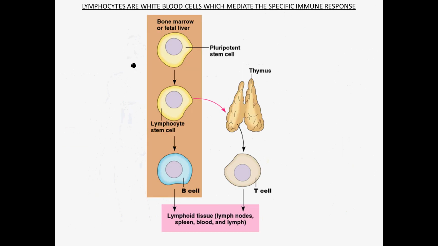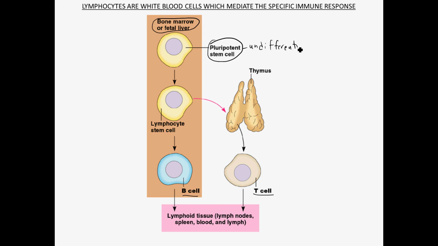So these lymphocytes are white blood cells which mediate the specific immune response. Of the lymphocytes, you have two different flavors here. Let's skip to the bottom of this, you're going to have B cells, and you're going to have T cells. Now these B lymphocytes and T lymphocytes are derived ultimately from bone marrow or cells in the fetal liver. So this is a pluripotent stem cell.